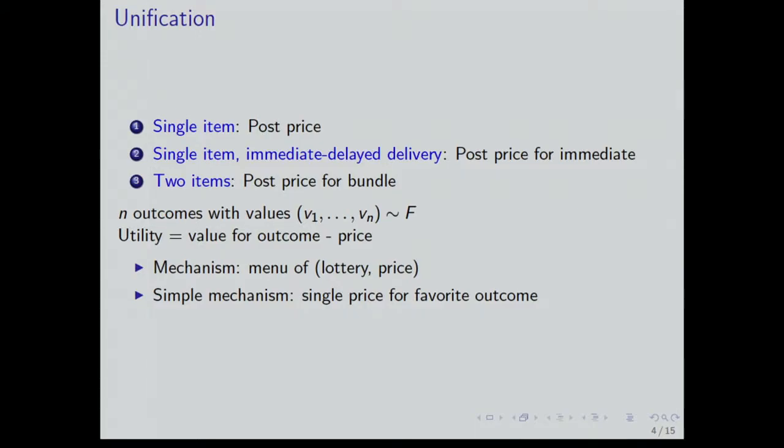If I'm talking about the case where the 2 outcomes were delayed and immediate delivery, the favorite outcome was again getting the item immediately. And in the case of 2 items where there were 3 outcomes, the favorite outcome was again the bundle of items. So you just post a price for the bundle of items. So if I manage to prove this theorem, we have proved all these 3 results.